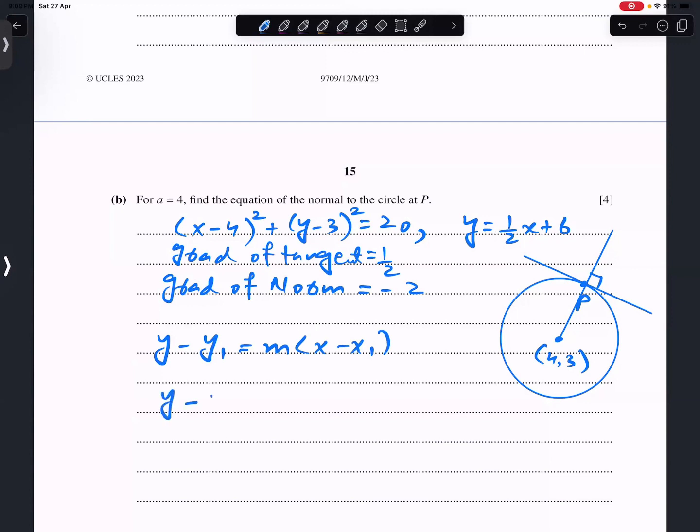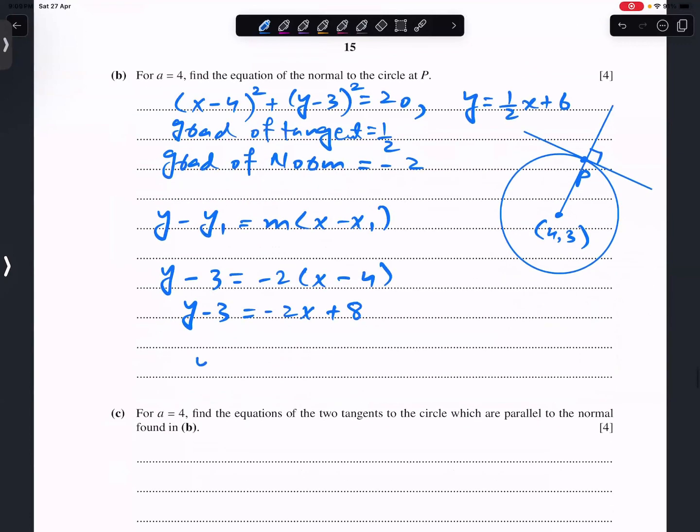So y minus 3 is equal to minus 2 times (x minus 4). So y minus 3 is equal to minus 2x plus 8. So y is equal to minus 2x plus 11. This is my equation of normal.